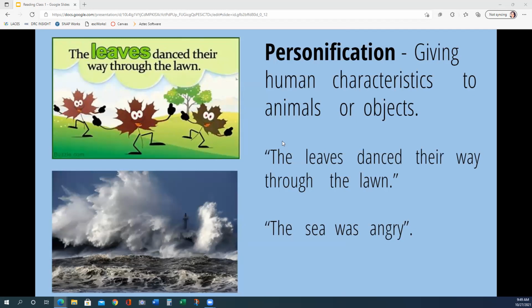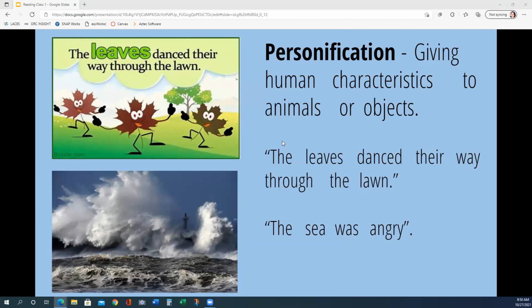Okay, let's talk about personification. Personification is giving human characteristics to animals or objects. So, for example, the leaves danced their way through the lawn. Do leaves actually dance? No, that's a human characteristic. But we may describe it as dancing because that's kind of what it looks like to us.